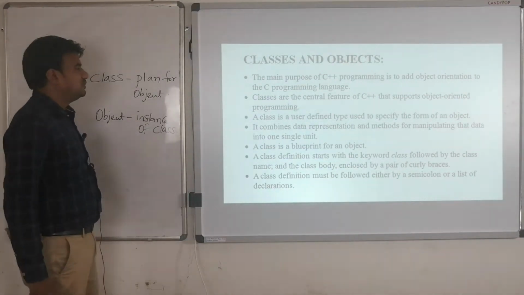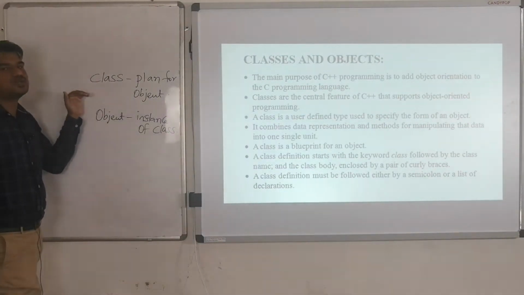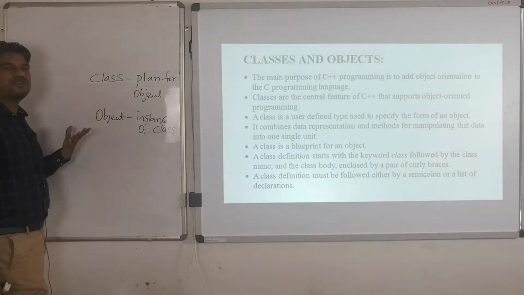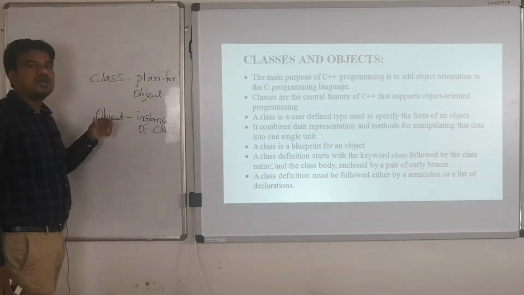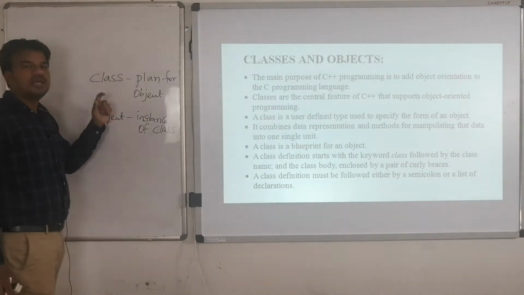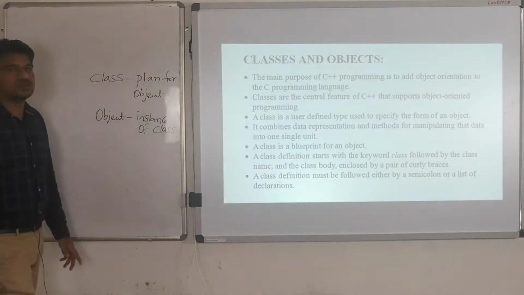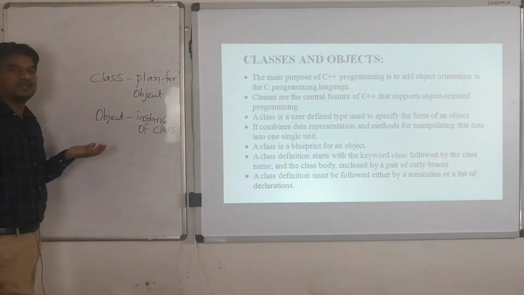As we discussed, a class is a user-defined data type. As a user, we specify what properties and what state an object should have in real time, and accordingly we write the class. That is the reason we call a class a user-defined data type, because we as a user are designing it.